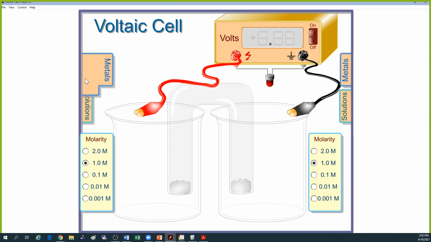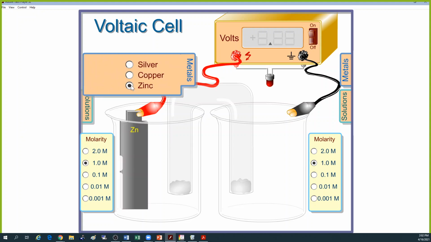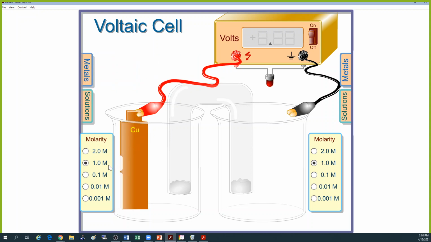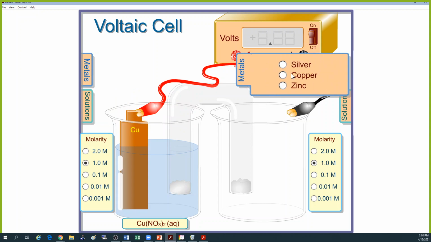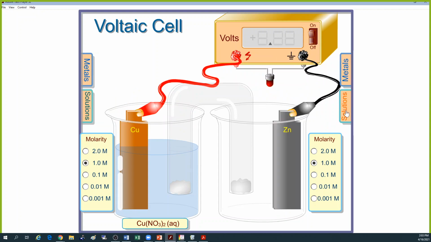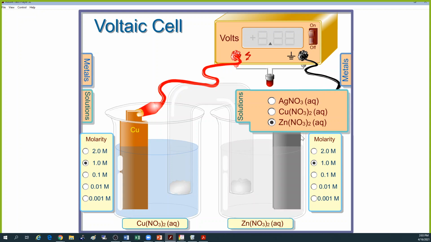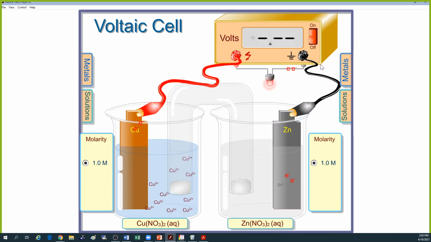But for now, let's put the copper on this side. I think this is the one we built previously, just to back into this whole lesson. And then I think we use zinc and zinc, and then we turn it on and we get a voltage and we observe how things are moving around.